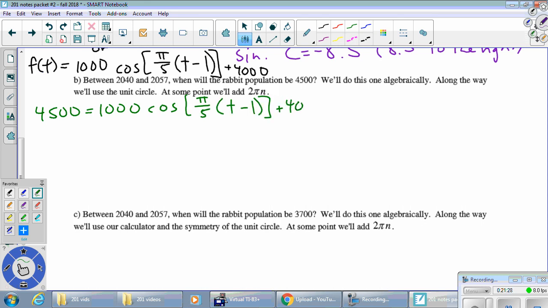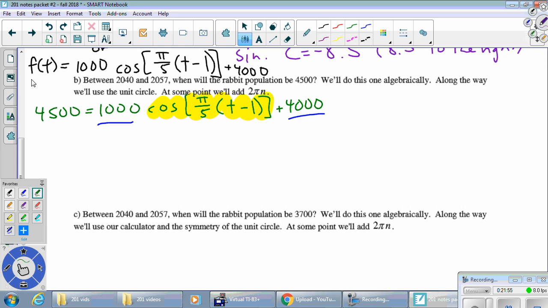Okay, and we're going to solve this equation using trigonometry. No calculus here. There's no calculus today at all, actually. So let's go ahead and solve this thing using trig. So first step is to isolate the cosine part. So I'm going to highlight this thing. This is what I want to get by itself, and then we'll have to do some analysis at that point. But that means that the first priority is to move the 1,000 and the 4,000, but of course you have to do it in the right order.